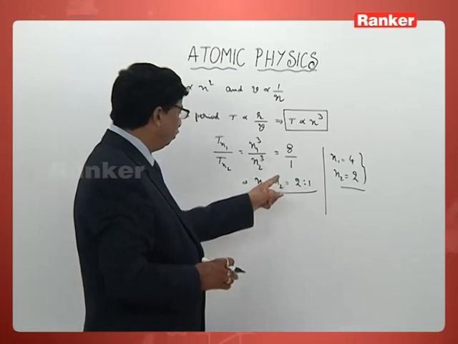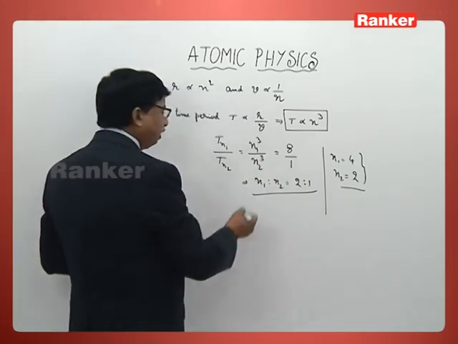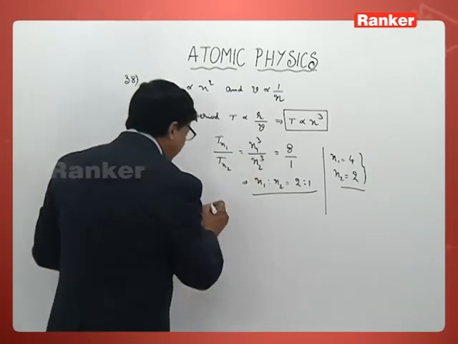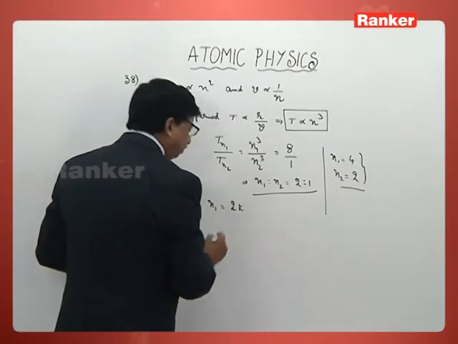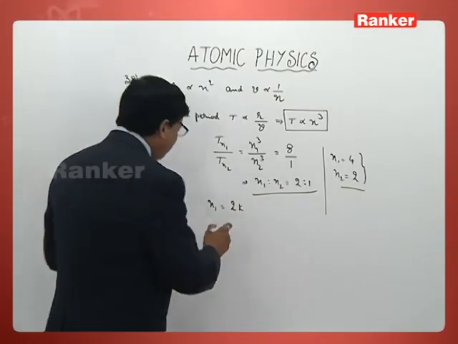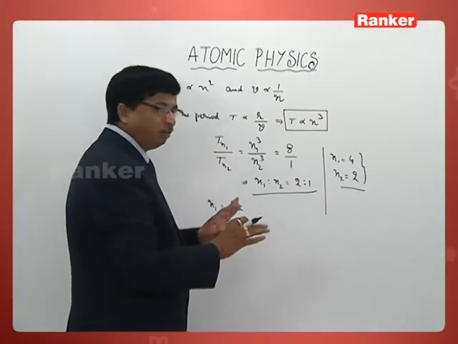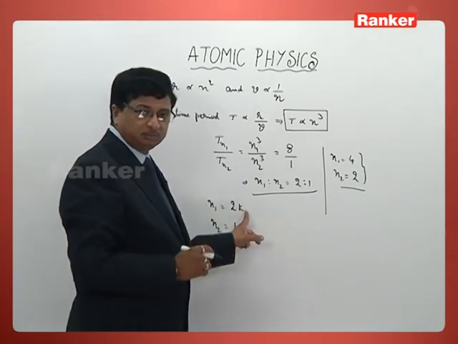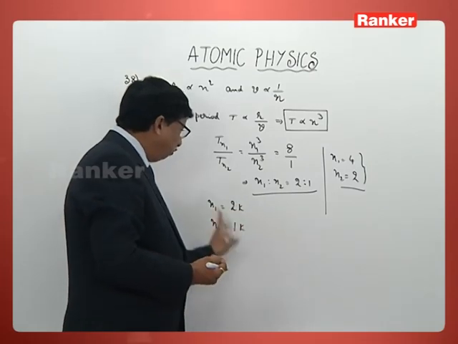Otherwise you can do it like this. If I take n1 is to n2 equal to 2:1, n1 I can take as 2 times k, where k is a constant, and n2 I can take as 1 times k. If k is 1, then the values are 2 and 1.